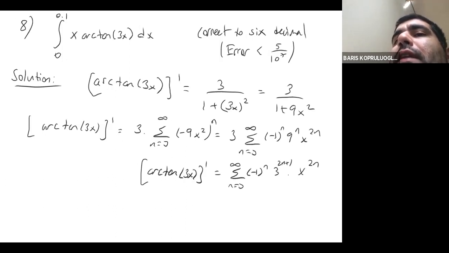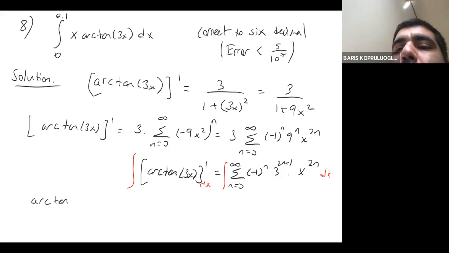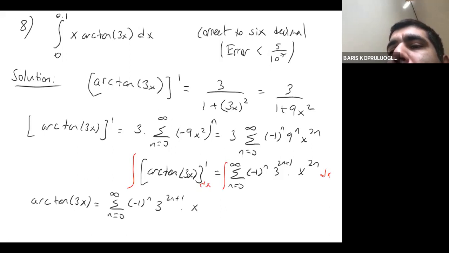Okay, but we need the arctangent of 3x itself. So you gotta take the integral of both sides. If you do that, the arctangent of 3x will turn out to be the sum of 3 to the power of 2n plus 1 times x to the power of 2n plus 1 over 2n plus 1, plus c.